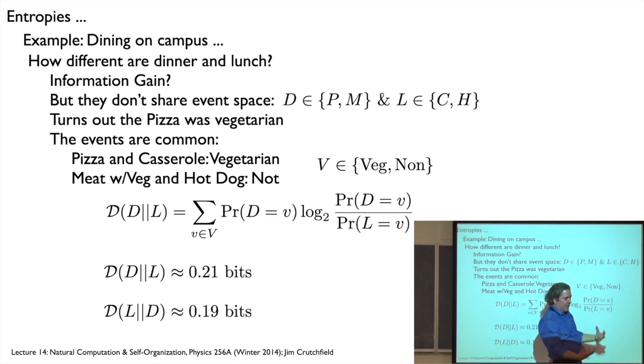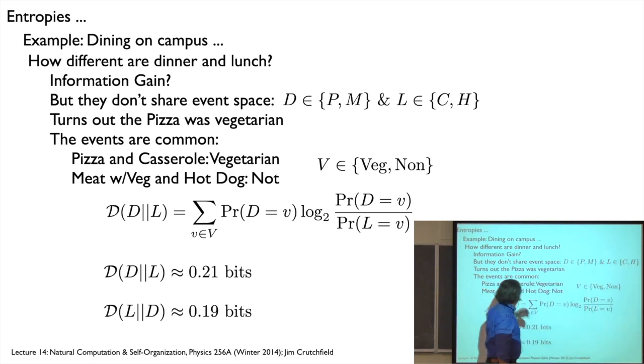If you want to compare distributions over different kinds of events, you often have to find some relationship between the events themselves. So we have pizza, meat, casserole, hot dog. Those are different things. But in the story, we'll just say it turns out that in each case, one of them is vegetarian and one of them is non-vegetarian. So that now becomes the common event space, vegetarian, non-vegetarian.